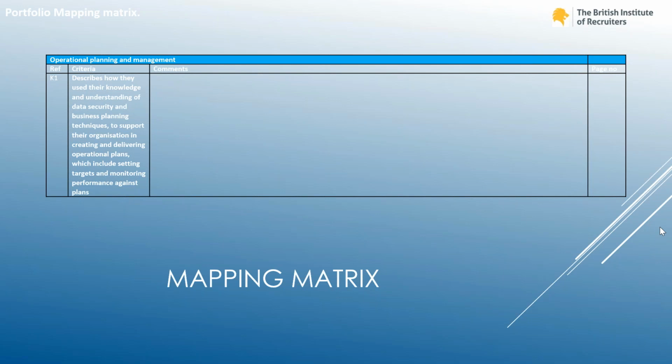In this comment box here, the apprentice will then describe how they've got this, where it is, and any comments. So if they've looked at their knowledge and understanding of data security and they put the comments here, during the implementation of a scheme at work, we realised that this would compromise GDPR. So this is what I did, and it can be seen on page, and then you would give us the page number.